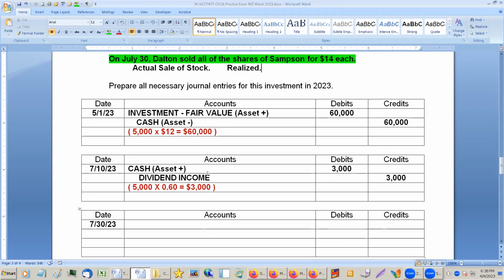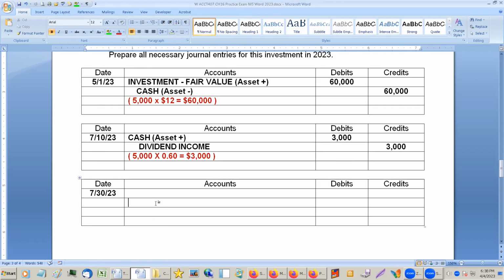All right, so let's look at this. We have to take the investment off the books. I'm going to do it down here next. Okay, let's do this. So investment, fair value, asset going down. We paid 60,000 for it.